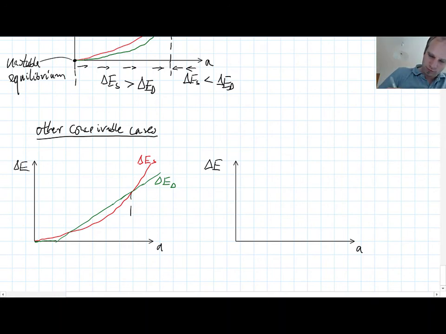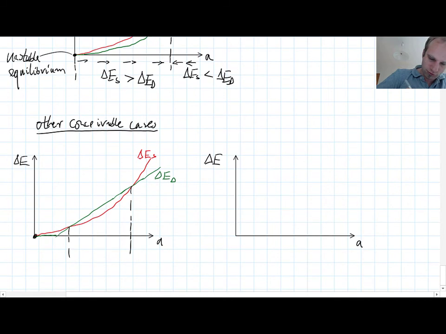So here we have now multiple intersections. We have this, and this point. And if we follow the same argument, amplitude increases here, here it decreases, here it increases again.